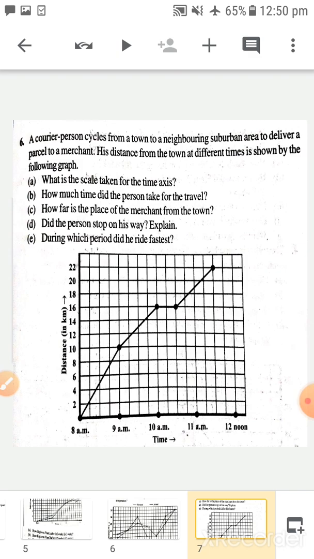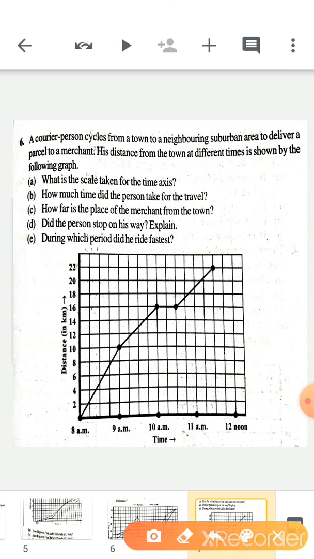How much time did the person take to travel? The first question is, what is the scale taken for the time axis? 4 units represent 1 hour.